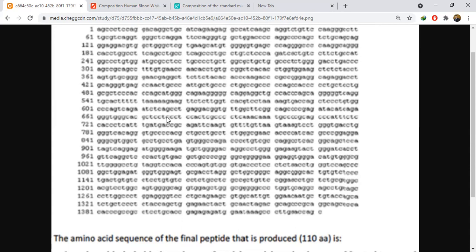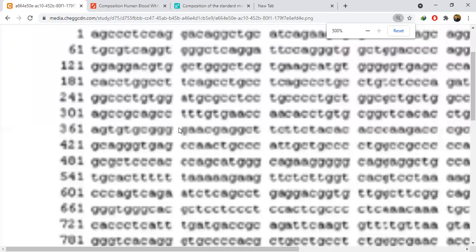Now see here, I think it's a little blurry, but can you see the letters? Just an idea.